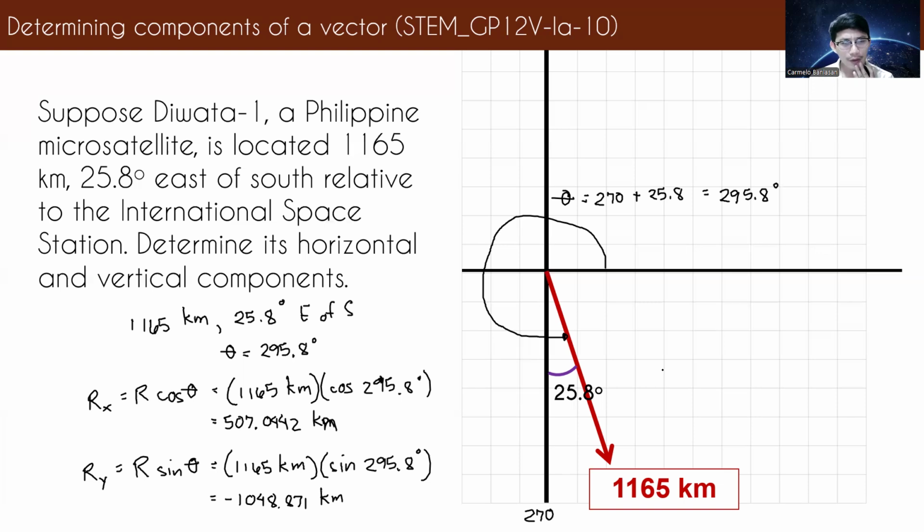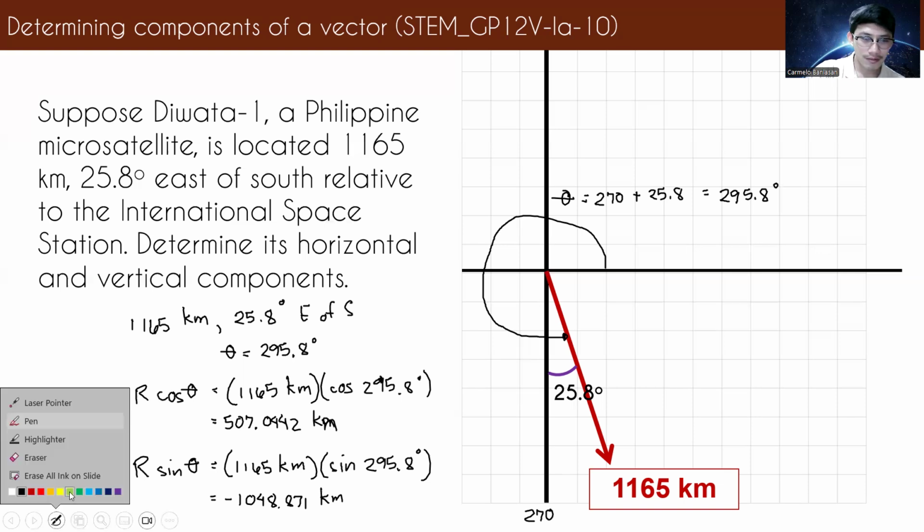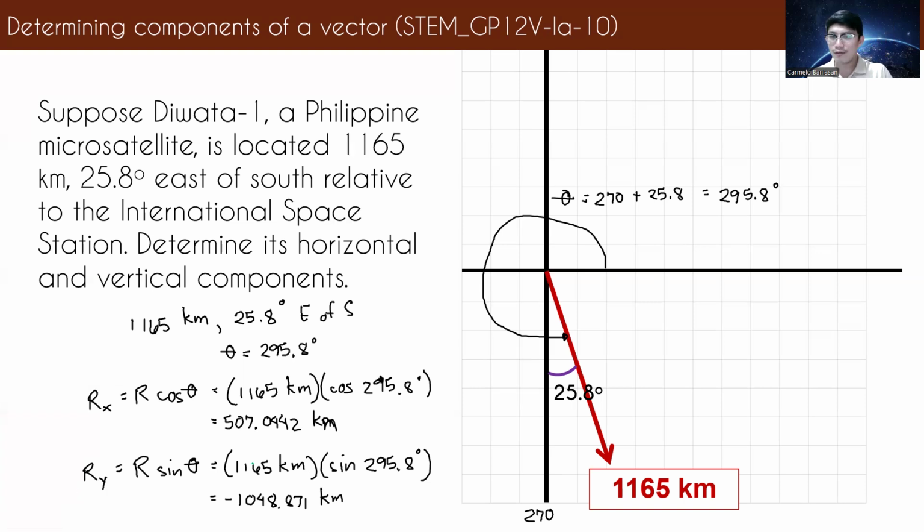Now, how are we going to report our answer? If you notice, there are so many significant figures, right? So to round it off, the principal rule is to round it off to the least number of significant figures.